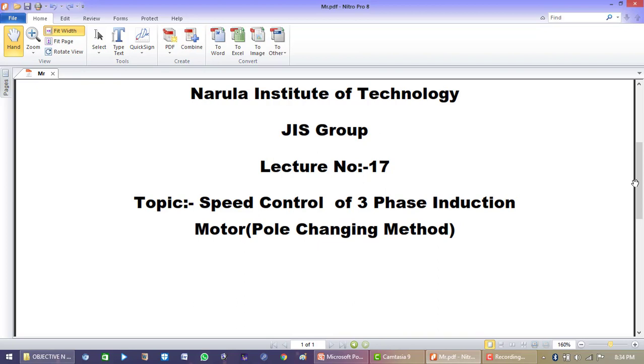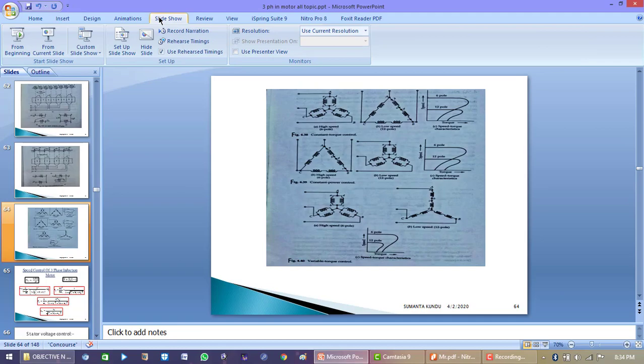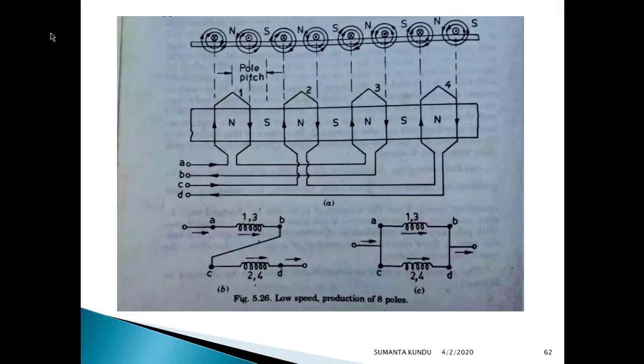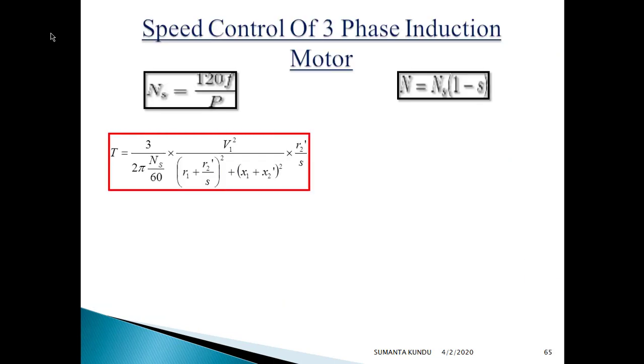So in pole changing method, we basically change the number of poles. Now if we recall our basic equation, that is synchronous speed ns equals 120 f by p. So if I put here, rotor speed equals 120 f by p into 1 minus s.